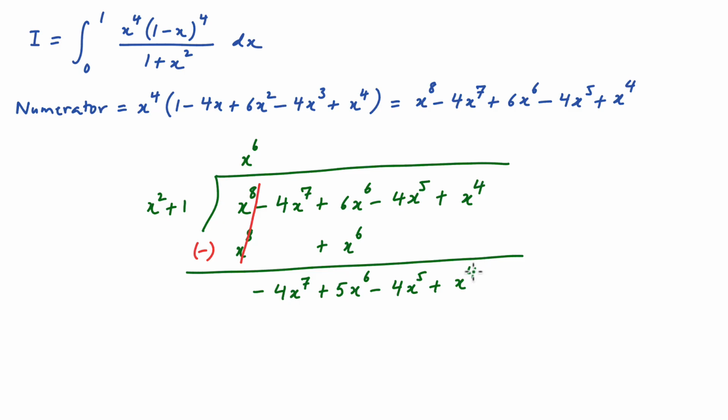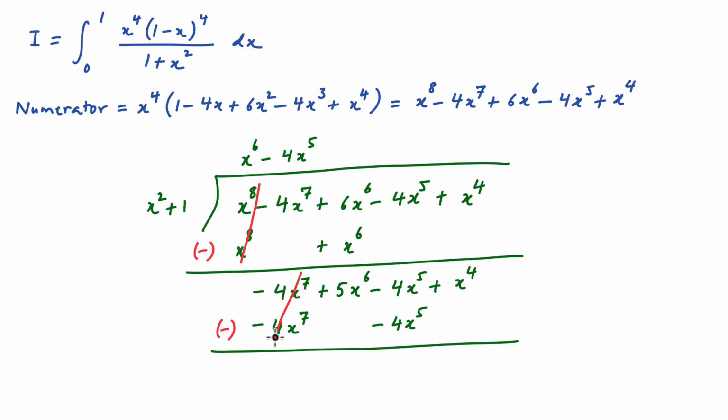We next multiply the denominator x square plus 1 with minus 4 times x raised to the power 5, and we get minus 4 times x raised to the power 7 minus 4 times x raised to the power 5. Again, subtracting the two lines, minus 4 times x raised to the power 7 and minus 4 times x raised to the power 5 cancel, and we are left with 5 times x raised to the power 6 plus x raised to the power 4.